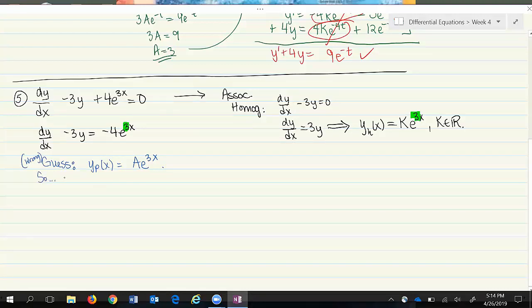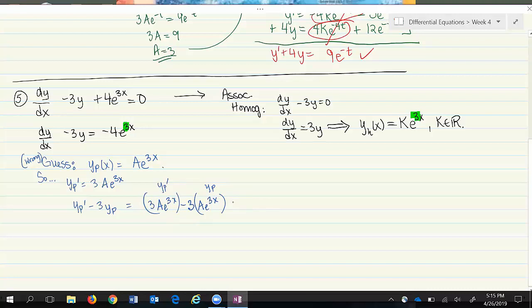We would be saying that yp prime is, sorry, not 3, it would be 3a e^(3x). So we're going to get 3a e^(3x) minus 3 times yp, a e^(3x). There's your yp here, whereas this whole thing here is yp prime.